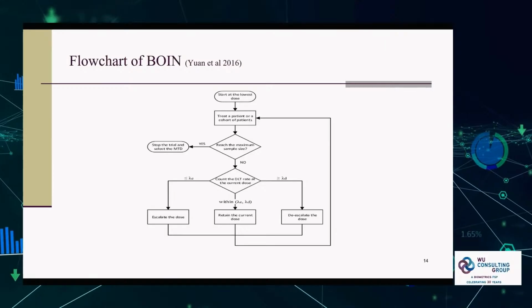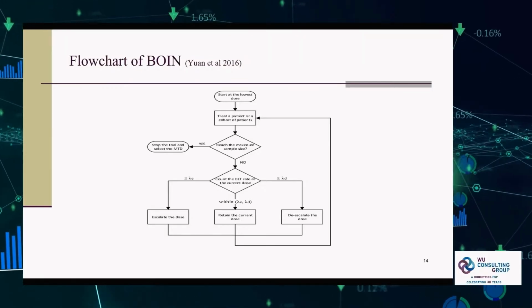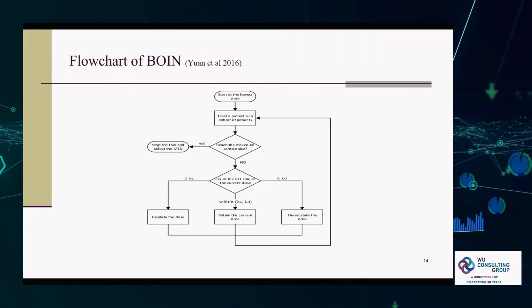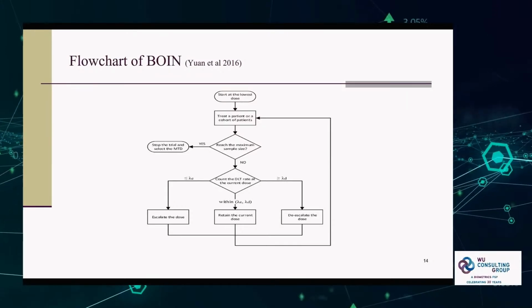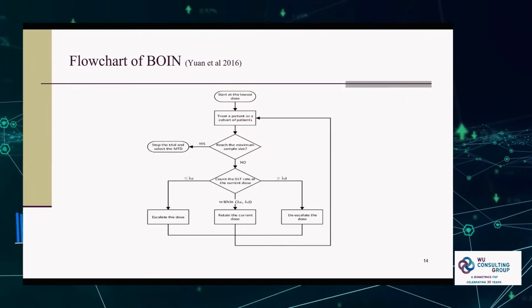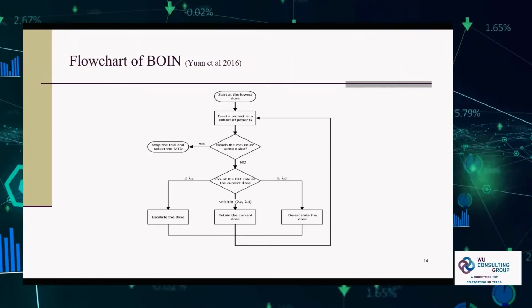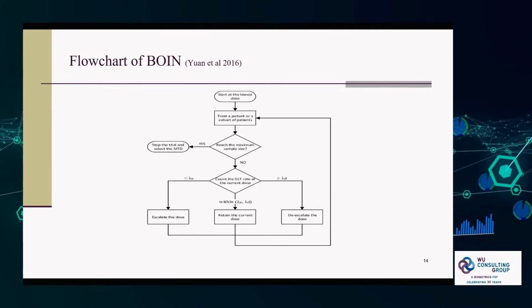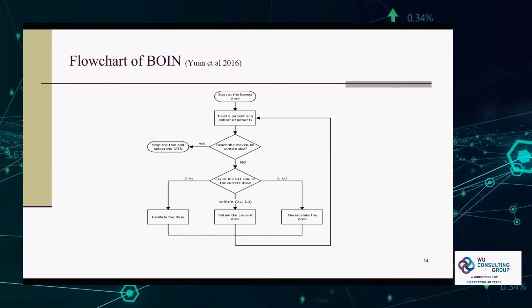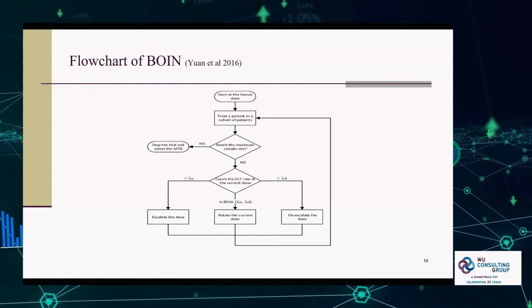But if it's beyond lambda D, you would de-escalate the dose level. So it's still pretty straightforward and looks algorithm-based, but the lambda D and lambda E incorporate the Bayesian statistical models. So you have gained better statistical performance for this design.